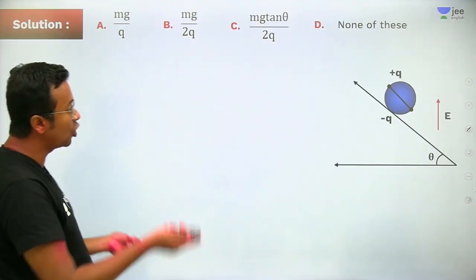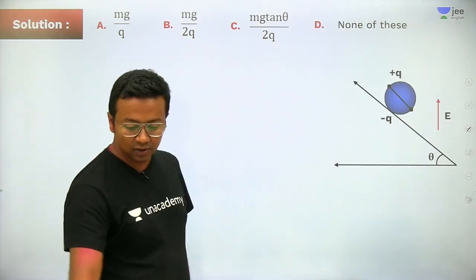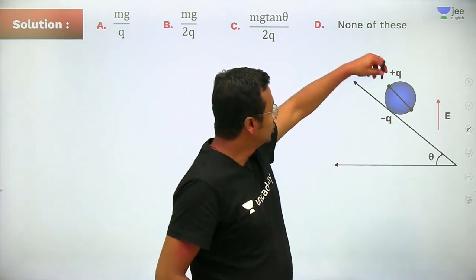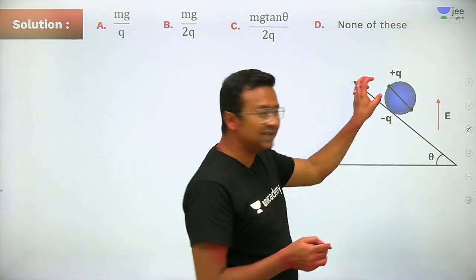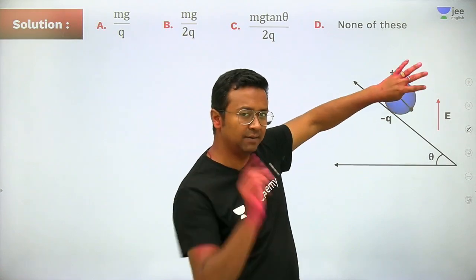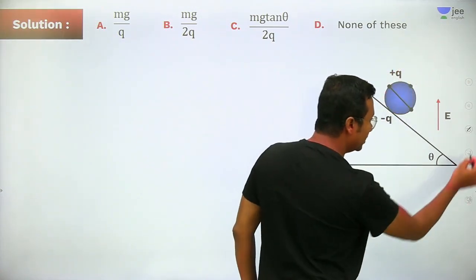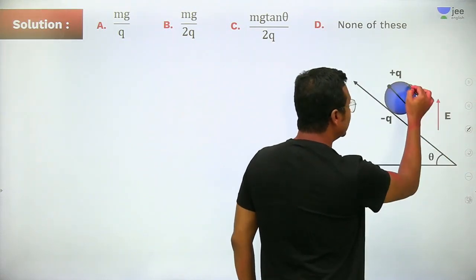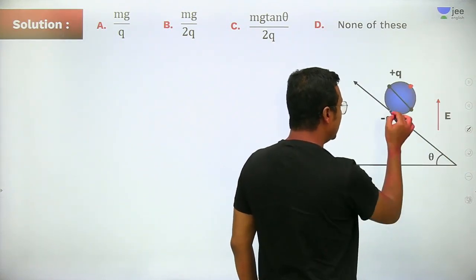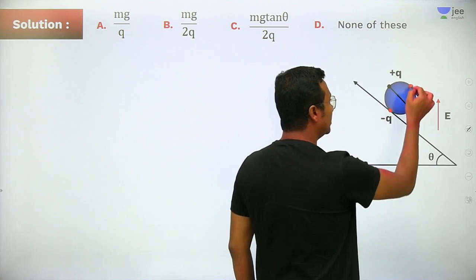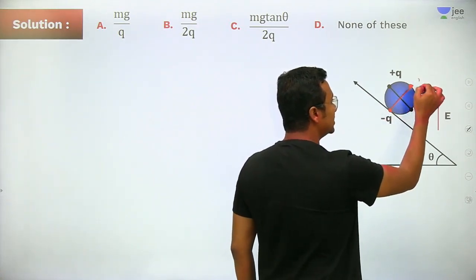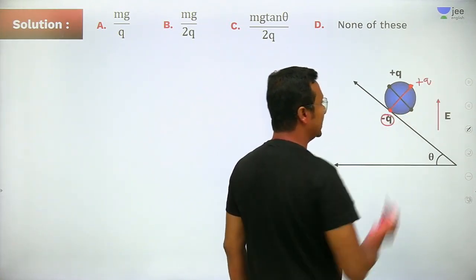I'll shift the position of the charges a little bit. I'll take the positive charge out here and the negative charge out here. Let me take these as my charges, plus q and minus q.